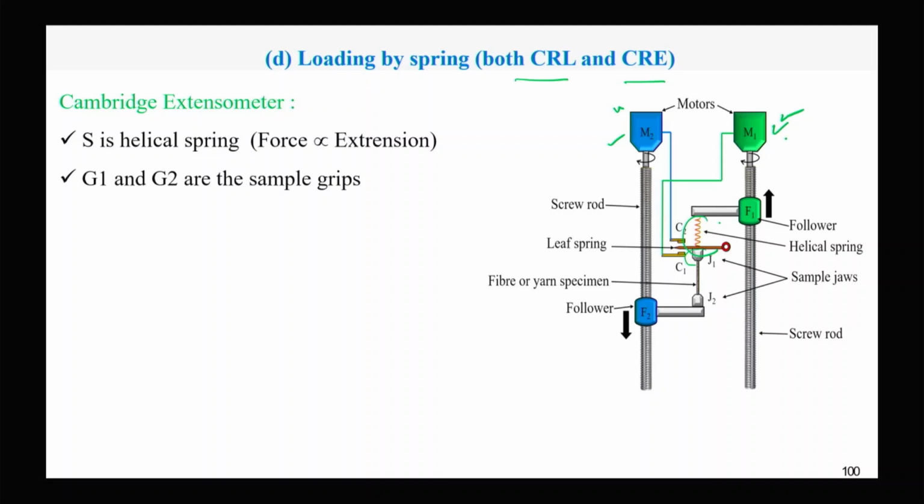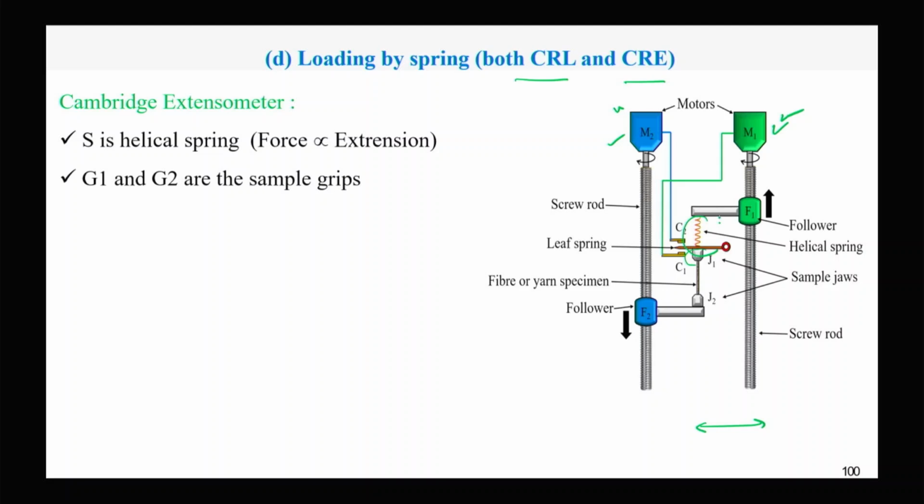When motor M1 rotates at constant speed, that follower F1 will move upward at constant speed, which will result in the extension of the helical spring at constant rate. We know that in a spring the load increases in the same proportion as the extension increases.